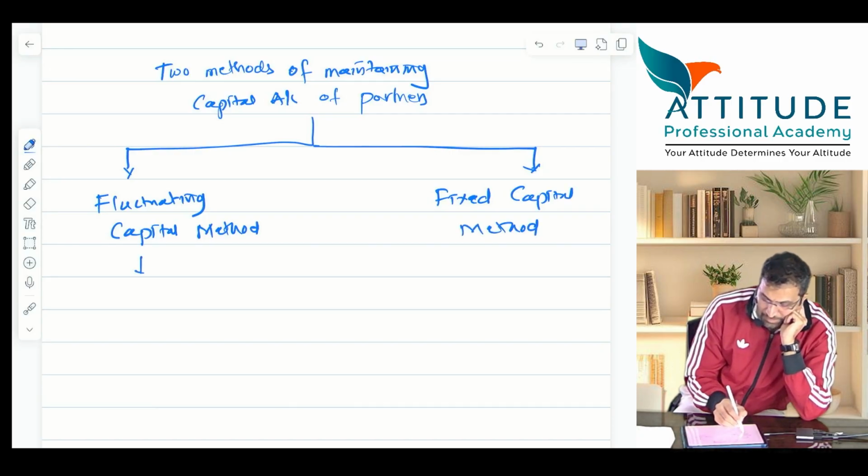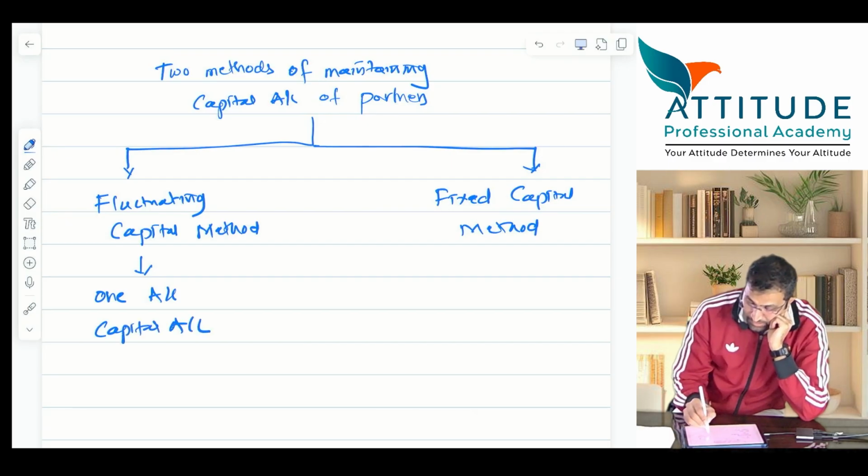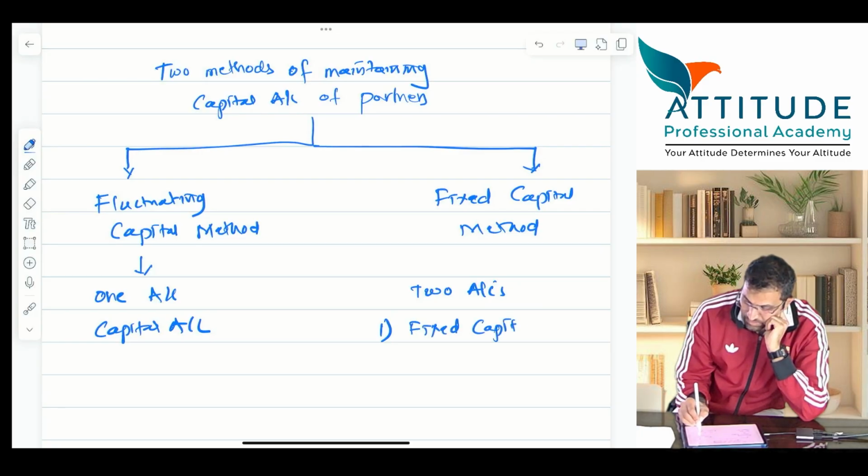In fluctuating capital method, you will prepare only one account. That is capital account. In fixed capital method, two accounts. How many accounts? Two accounts. One, fixed capital, that is capital account.